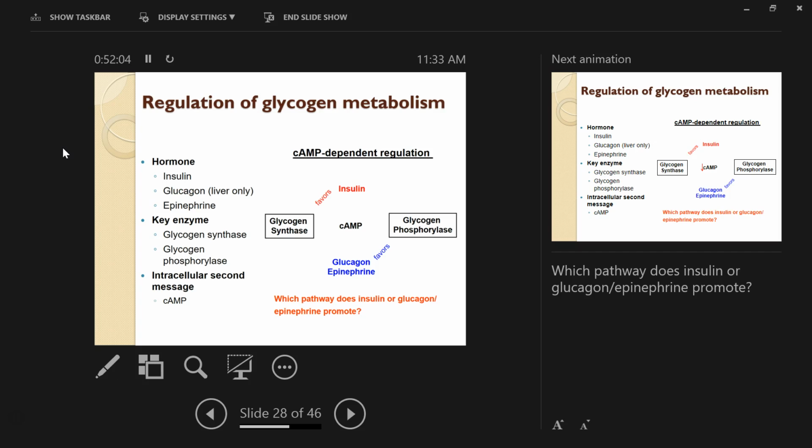The key enzymes regulated by hormones are glycogen synthase and glycogen phosphorylase, one in each pathway. And there are intracellular second messengers like cyclic AMP, cAMP. It's important that the levels of cAMP change in response to the hormone changes.